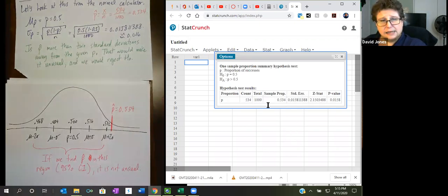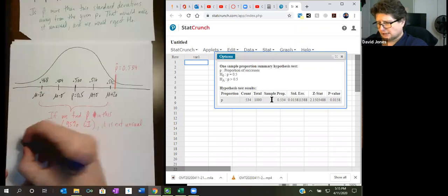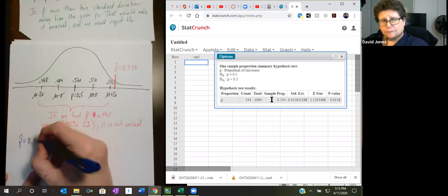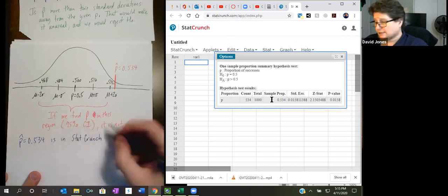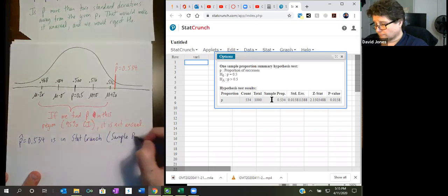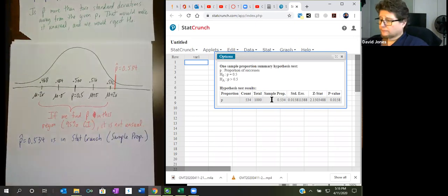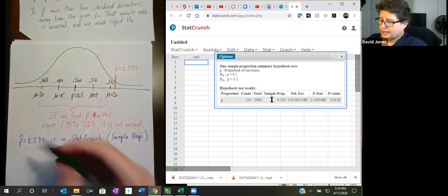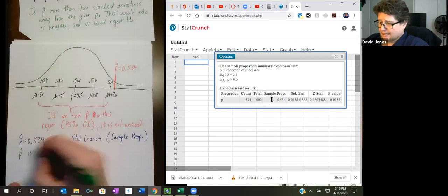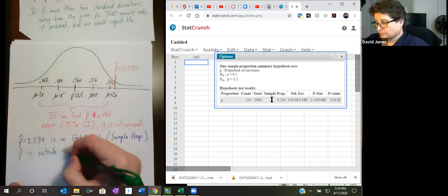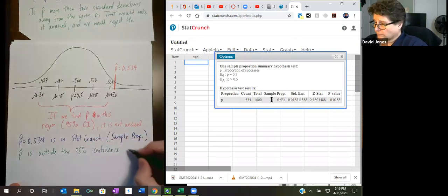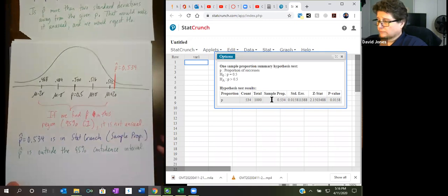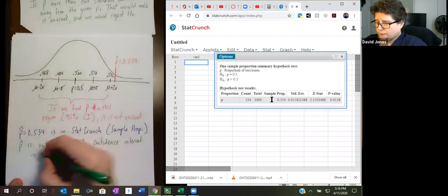Notice it's also given in StatCrunch, in the test under sample prop. So here, p hat is outside the 95% confidence interval, and thus we reject H naught.